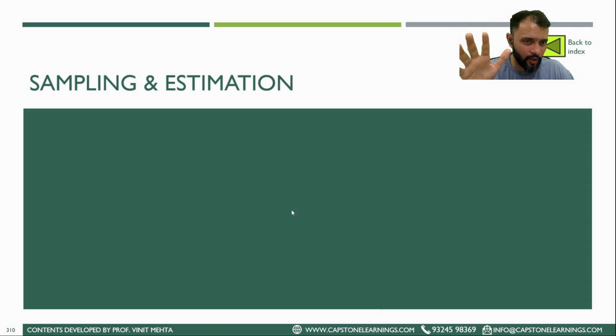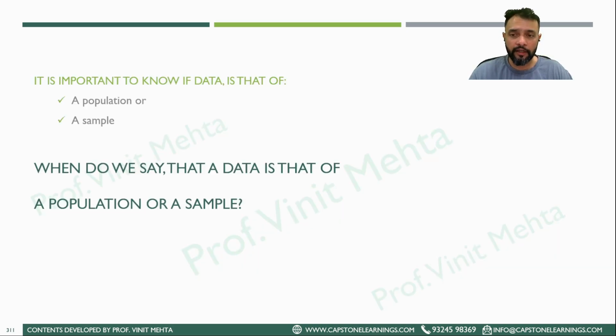But then the question is, why are we even talking about taking a few pieces from the universe? So I'm going to talk about it at a very basic level. If you recall, in statistics the data could be that of a population or a sample. We have discussed this before when we started the first official topic of statistics, measures of dispersion and all.